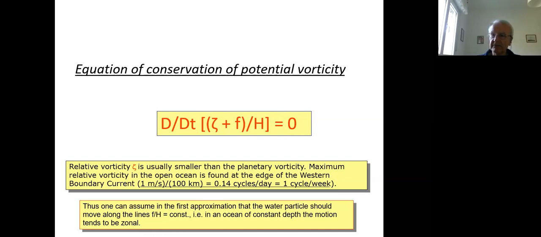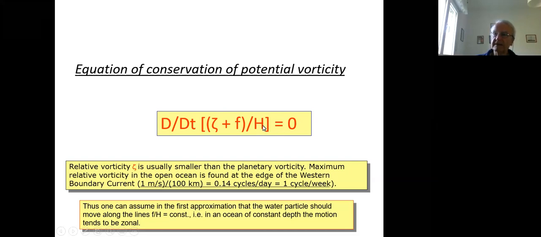So that means the water column, or the particle in the ocean, will be moving along the lines of f over h constant. So if the ocean increases the depth, the f has to increase, and vice versa. If you decrease the depth, the f has to decrease.